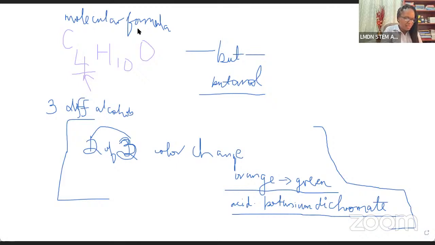So it's a redox situation whenever we're using potassium dichromate. You generally have a reduction of that dichromate ion, and that results in that color change that we see from orange to green, right?